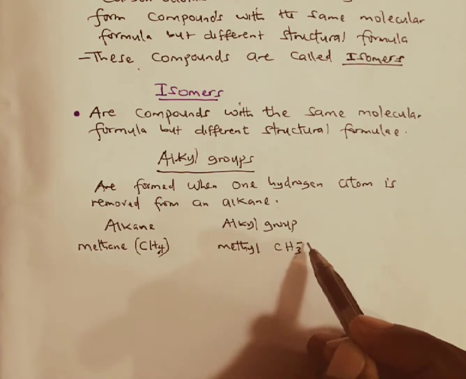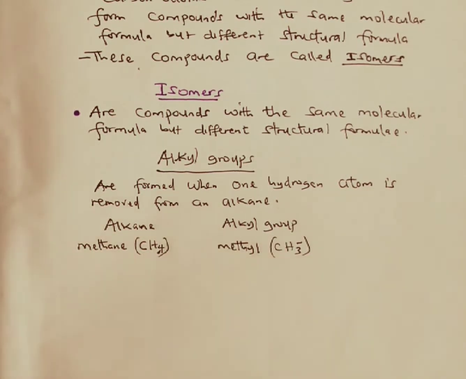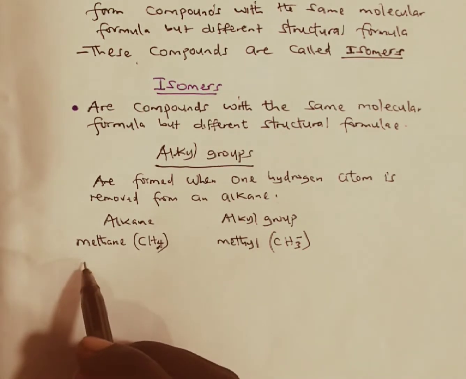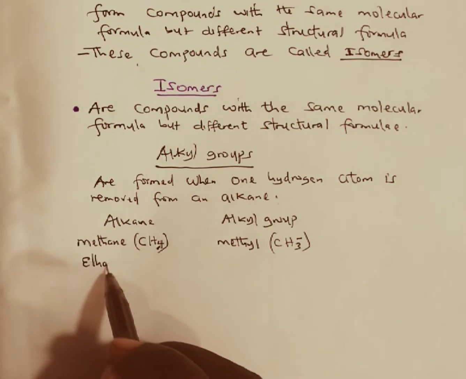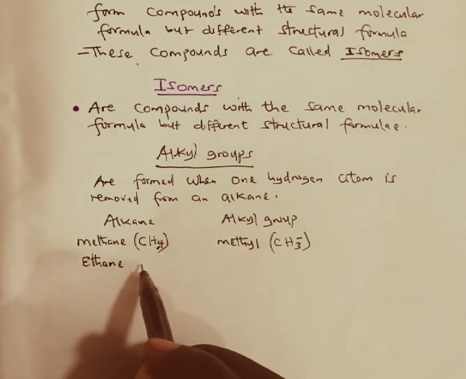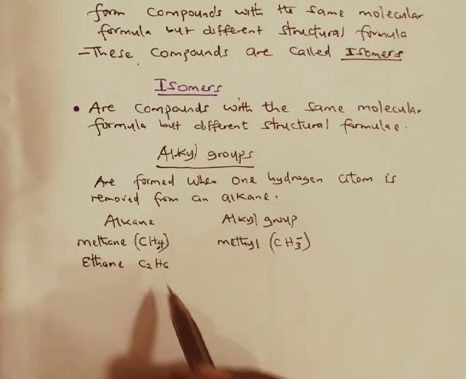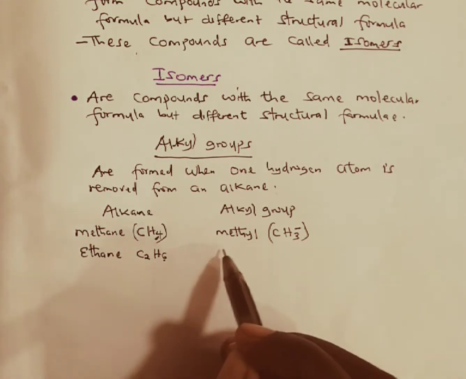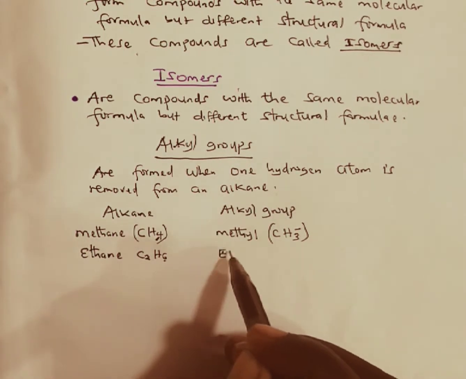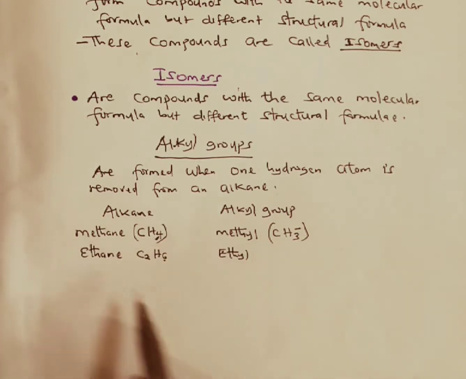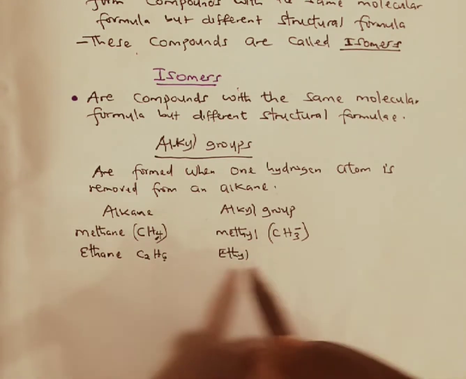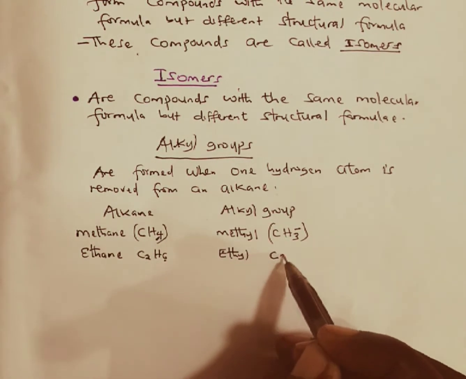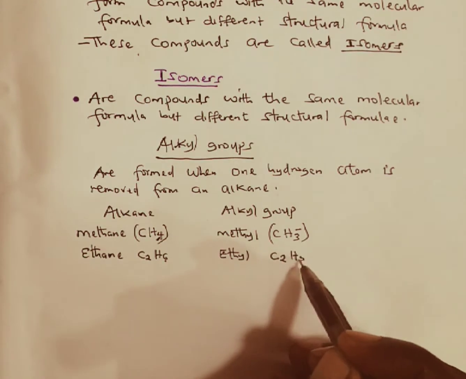That means one hydrogen atom has been removed. If we talk about the second member, which is ethane, with C2H6, if we remove one hydrogen atom, we are going to have an ethyl from ethane, and an ethyl is going to have the formula of C2H5.